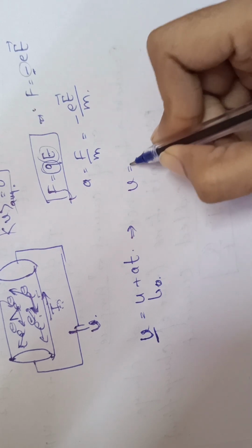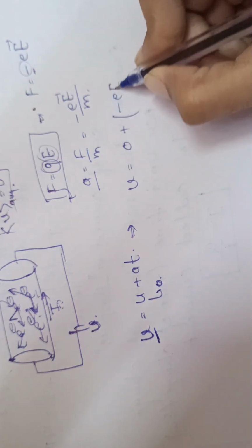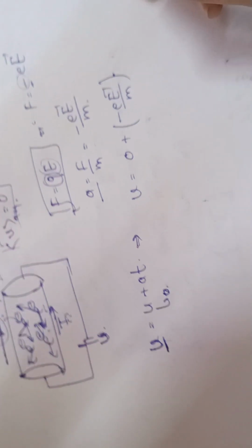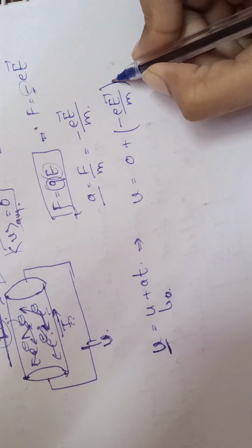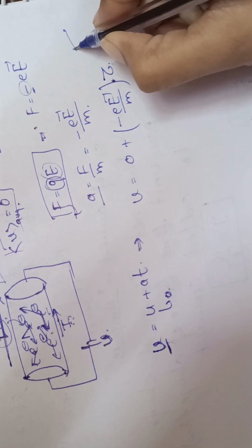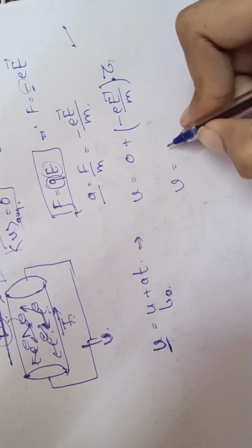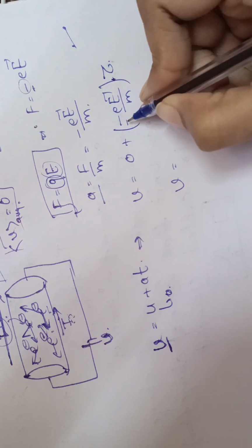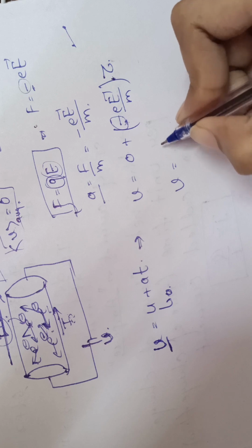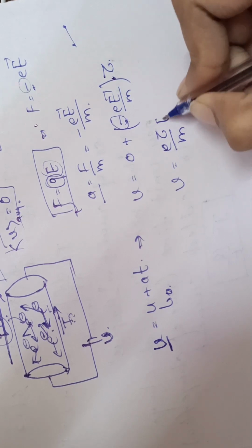Then V will be: U is 0, A we have found here, eE by m. And what will I put for T here? I told you earlier, the relaxation time, that is the time between two successive collisions. So V will become, here the negative sign is just indicating the direction, so we will take the magnitude, e tau E by m.